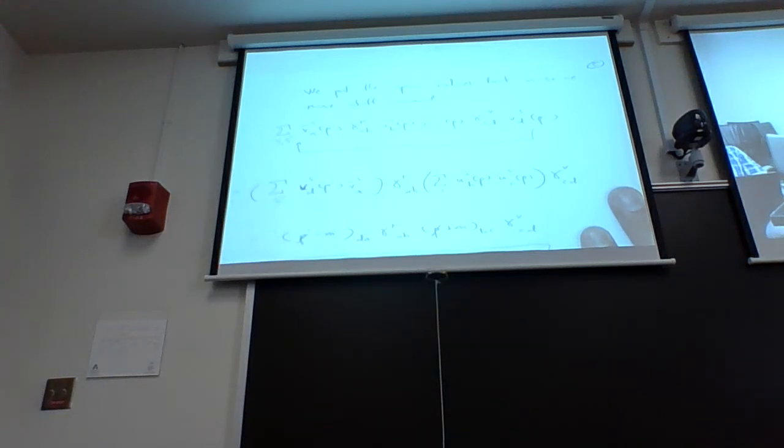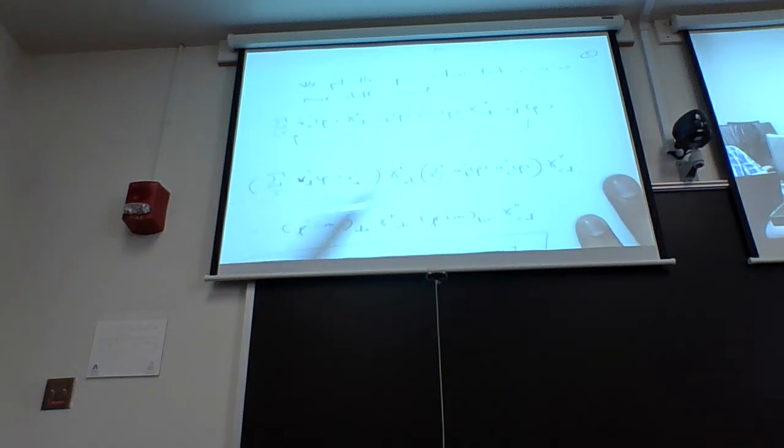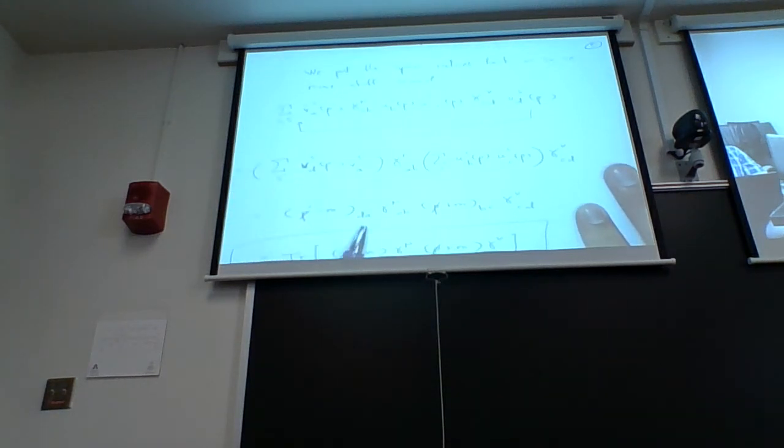So now I can do those spin sums. This one will give me P prime slash minus M, but it'll have spinor indices D A. And I can do the same thing for this one to give me P slash plus M, with spinor indices B C. But now you look at these spinor indices and you see that they cycle in on themselves.